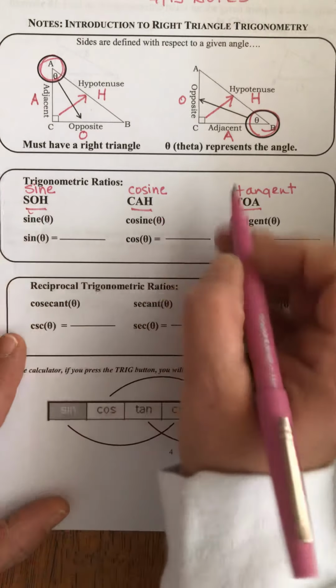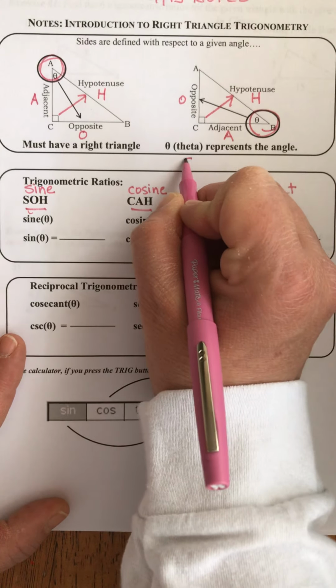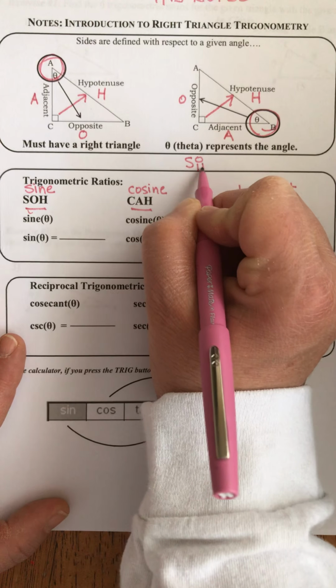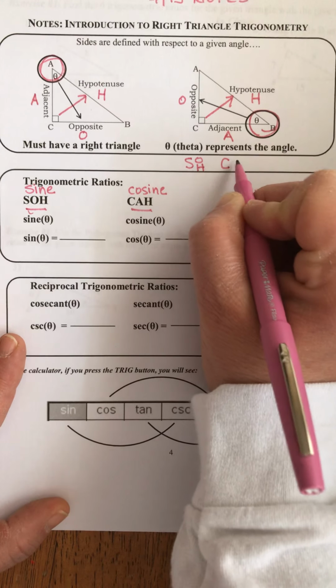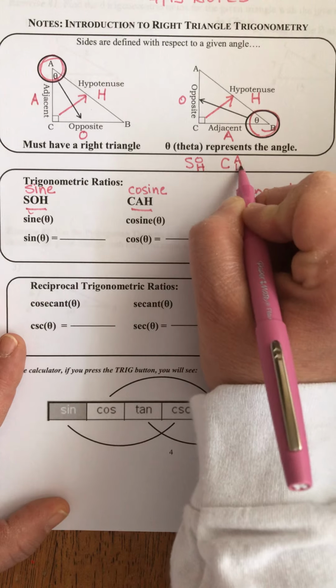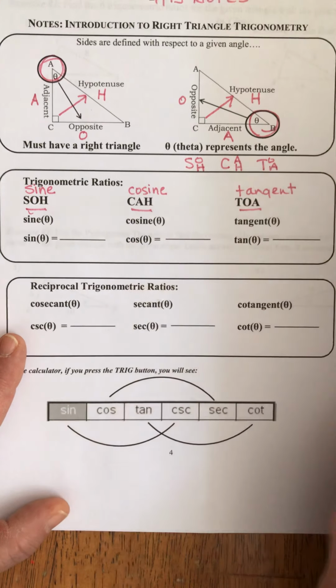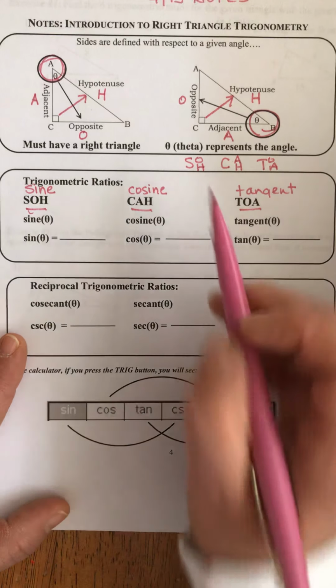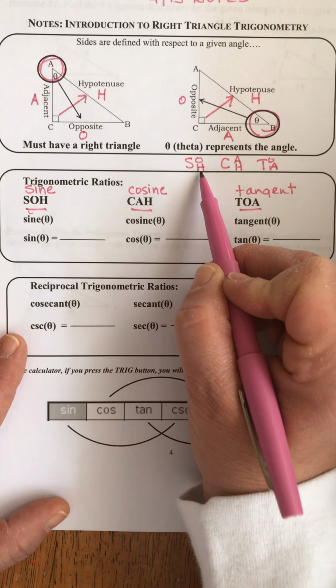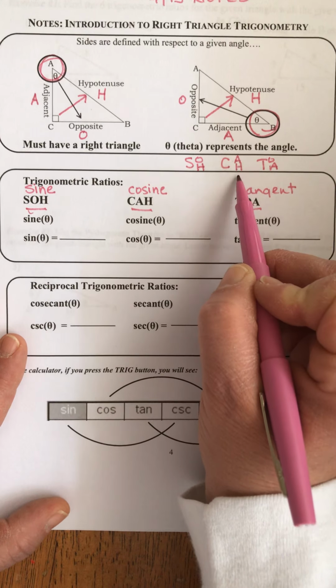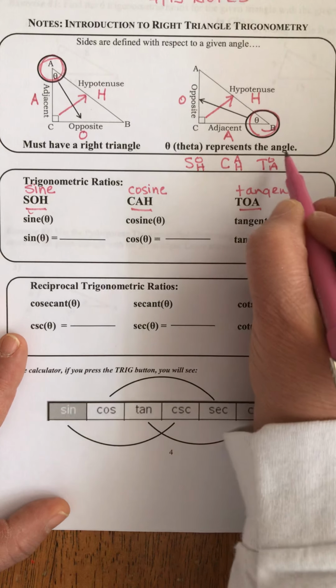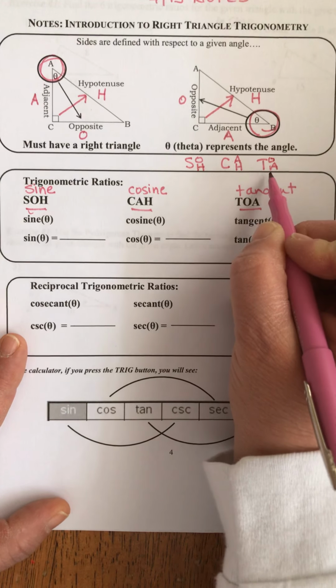So, SOHCAHTOA, which I usually write like this. SO, S-O over H. CA is A over H. And TOA is T for tangent is O over H. So sine is opposite over hypotenuse, cosine adjacent over hypotenuse, and tangent is opposite over adjacent.